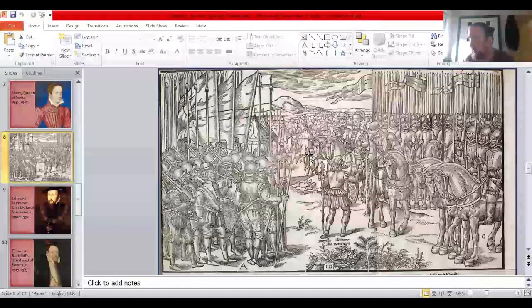They don't report back too positively. They say the Irish seem to be immensely divided amongst themselves. They're more interested in cattle raids into their own lordships than actually unifying against the English. So the trip doesn't go particularly well in that regard.